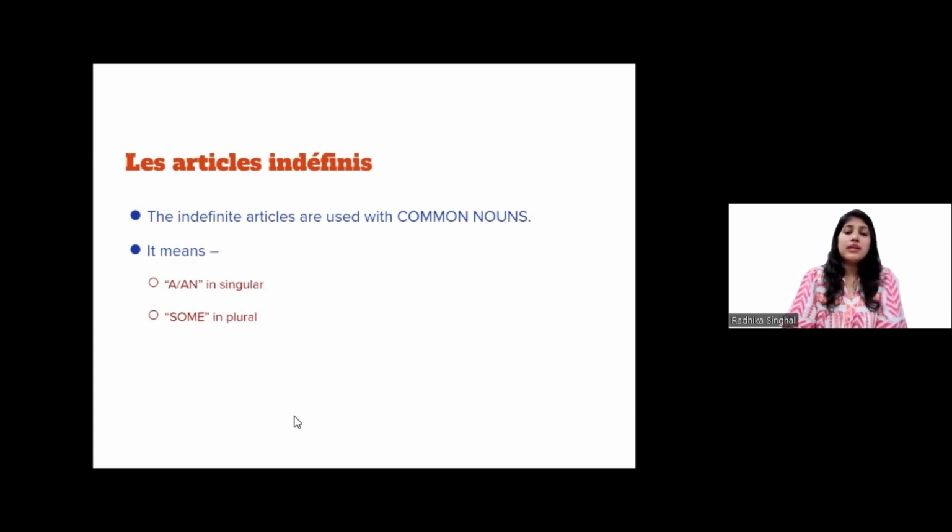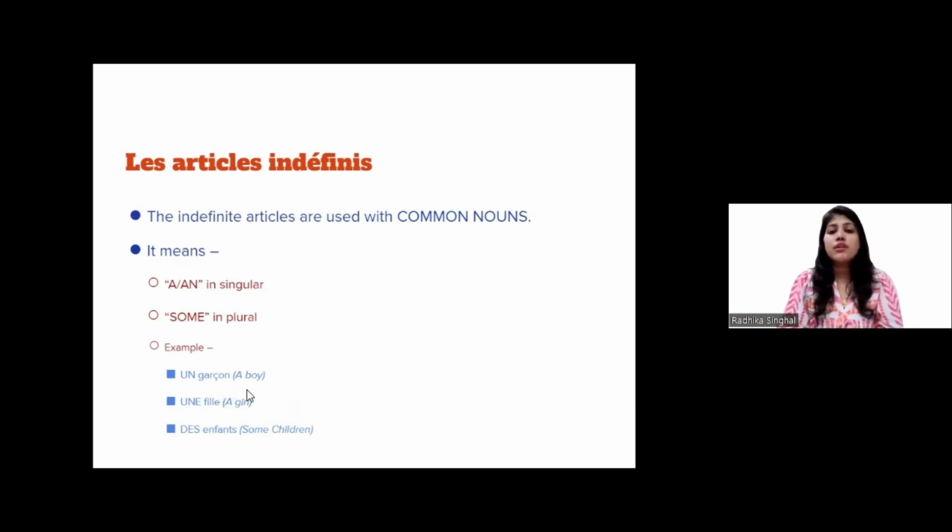So you can say a or une. They translate as a. And des translates as some. So for example, you have un garçon, a boy, une fille, a girl, des enfants, some children.